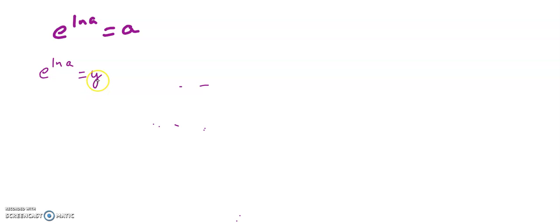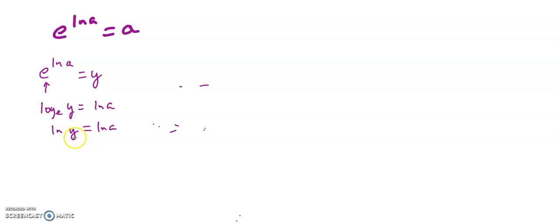Now, even though this has an ln in it, this is an exponential because I have a base of e raised to a power, right? Well, if I rewrote this in log form, wouldn't it say the log base e of y equals the ln of a? Well, log base e is the same thing as ln. I mean, that's just the short way of writing log base e, isn't it? So don't I get the ln of y equals the ln of a?